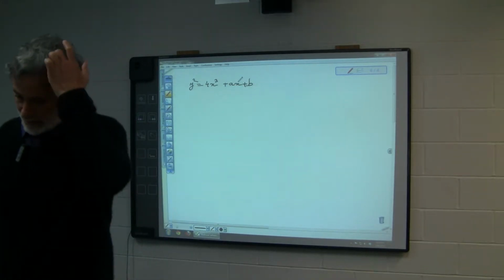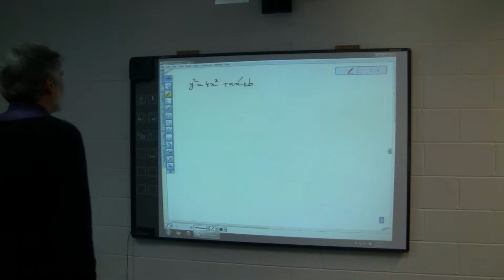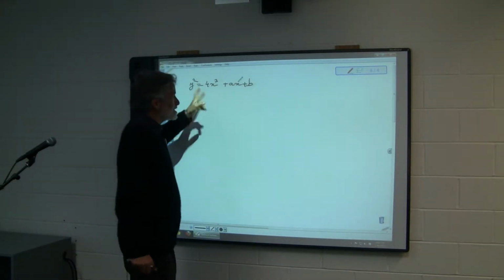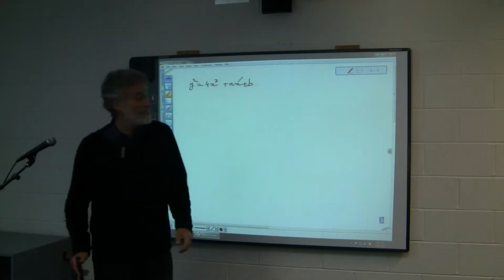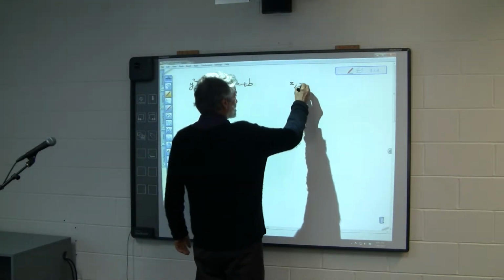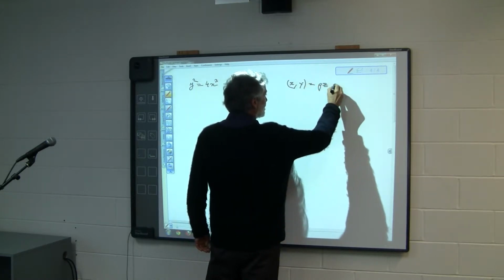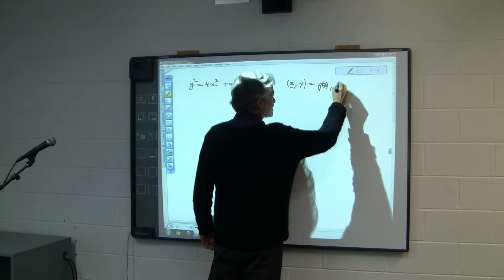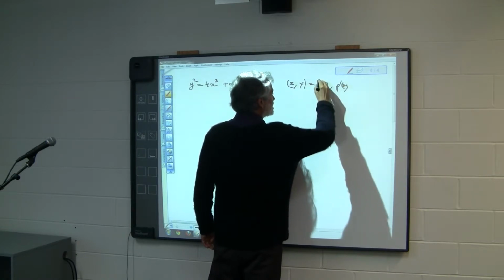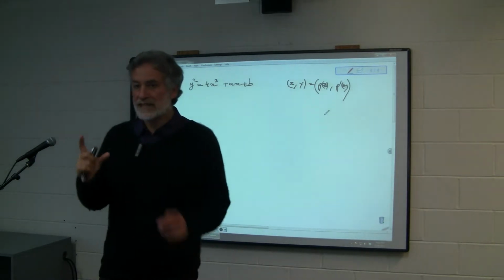One of the many things I haven't told you is that this actually is a parametrization. So all solutions x, y to this equation are of the form P of z, P dash of z. So there exists a lattice.